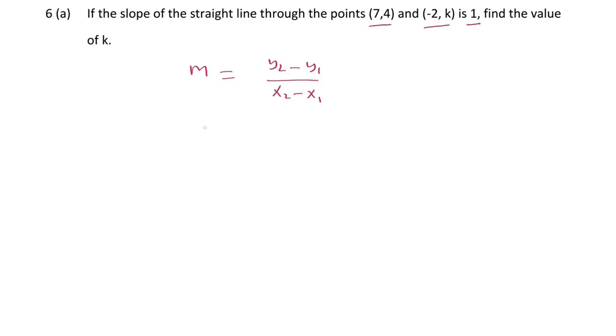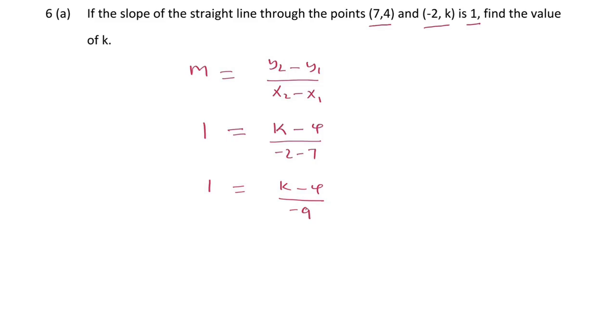Okay, so now let us substitute these values into our formula. Then our equation is going to be 1 equals to k minus 4 over negative 2 minus 7, of which this becomes 1 equals to k minus 4 over negative 9.